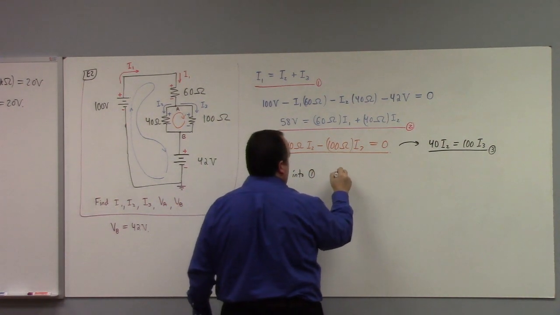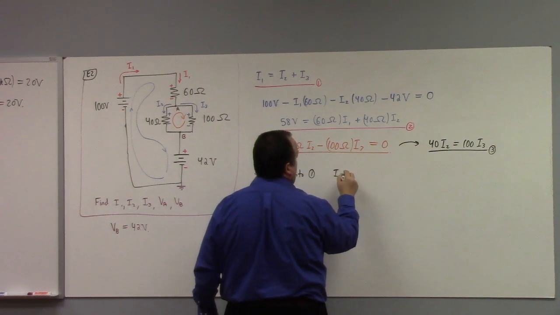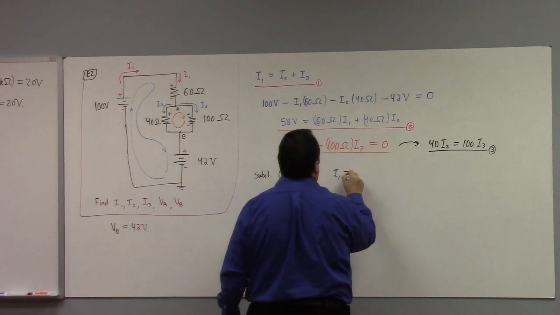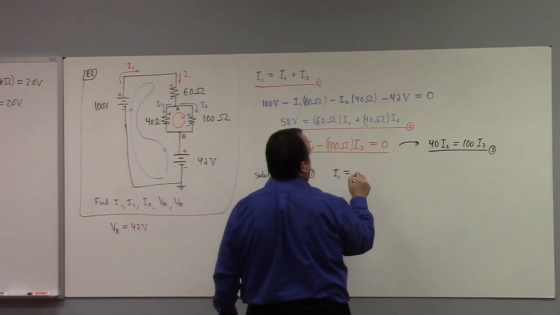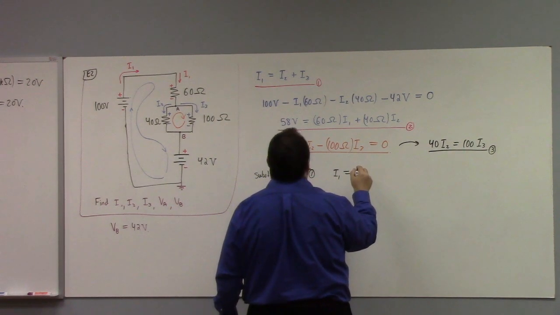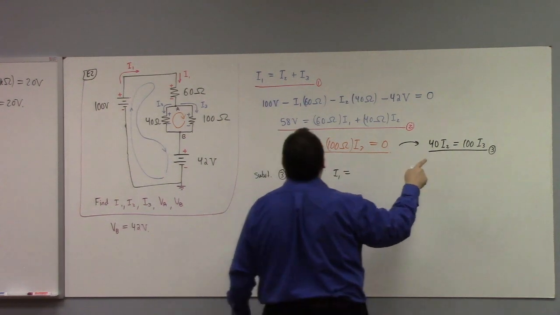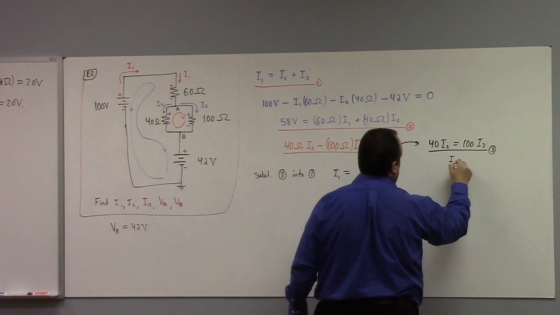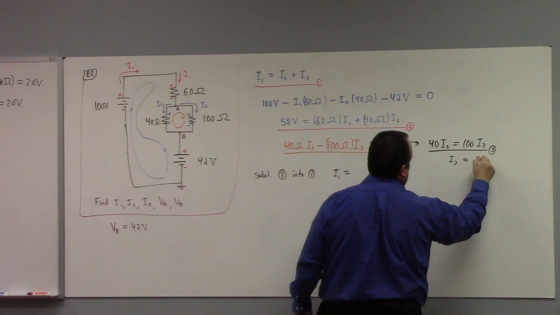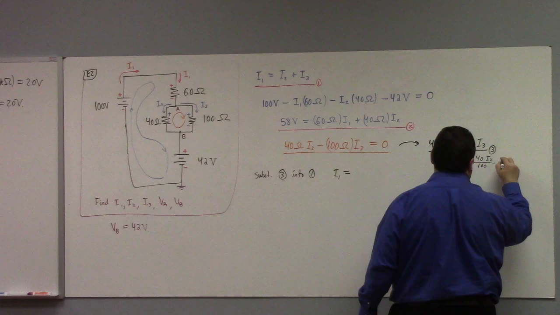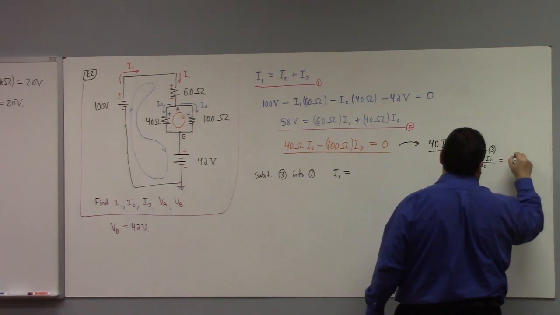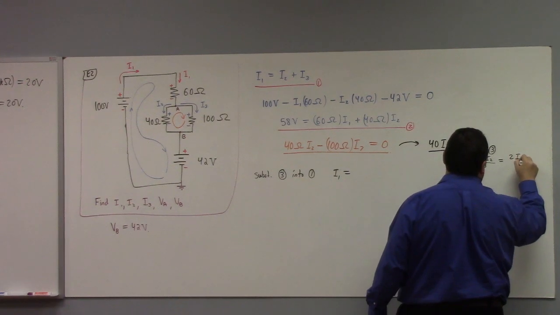We get I1. Let me solve this for I3. So that's what? 2 I2 over 5? I don't know.